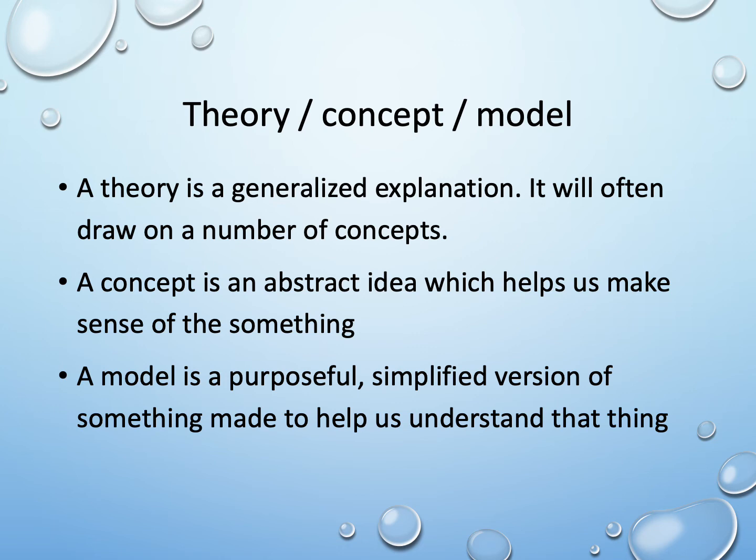But the model car is obviously much simpler than a real car. And the same with theoretical models. So the social model is a simplified version of the real world that helps us understand how disabled people experience the world. So it helps us understand why those barriers and prejudices and so on exist.